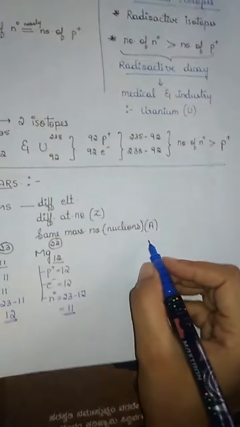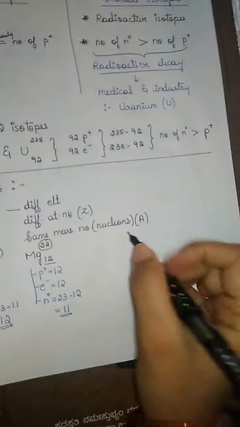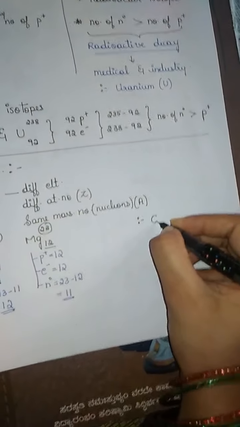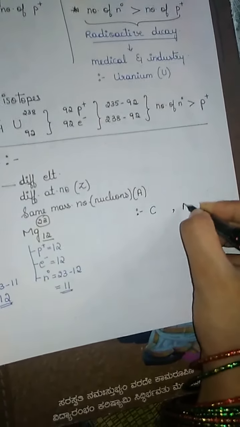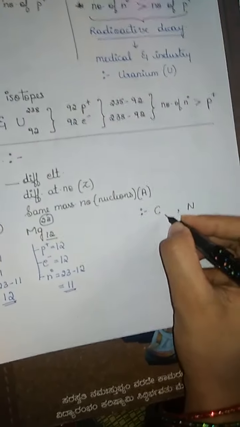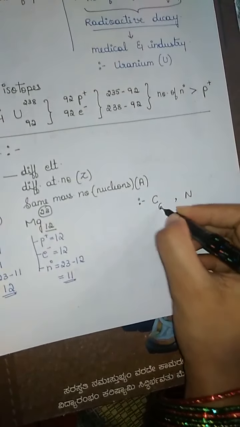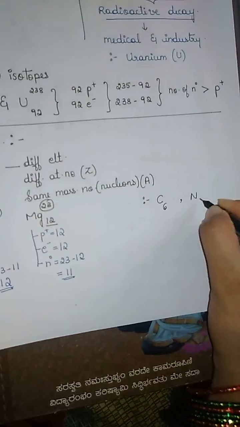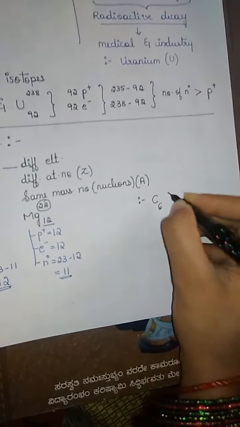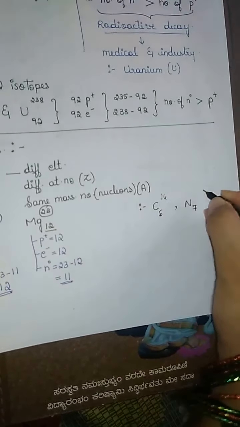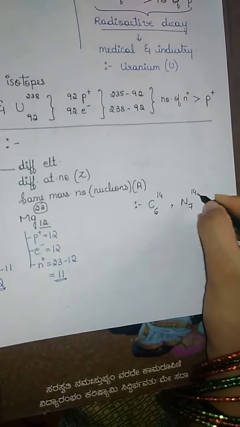Okay, so let's see another example, that is carbon and nitrogen. The atomic number of carbon is 6 and nitrogen is 7. So different atomic number but same mass number, that is 14 and 14.